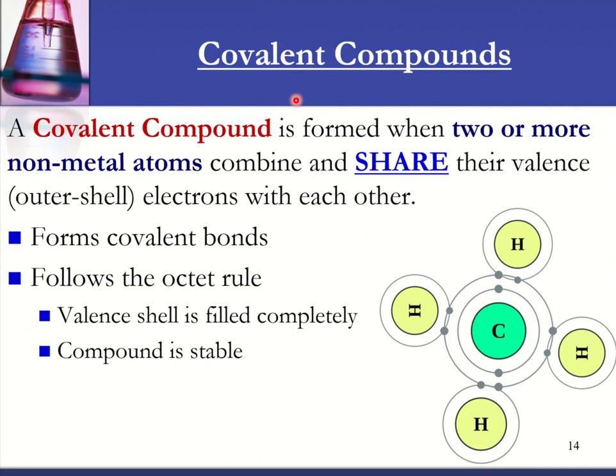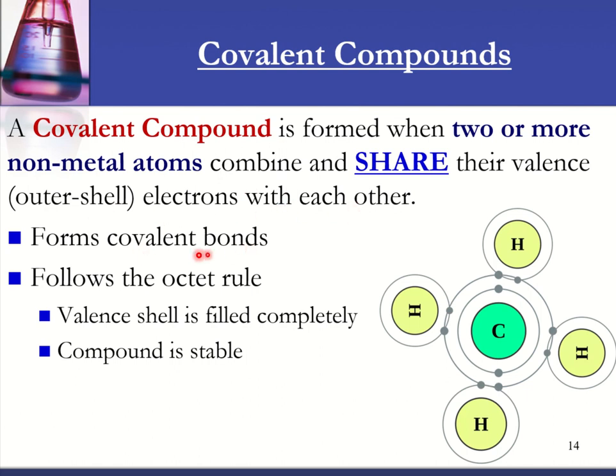Okay, so just remember what we define as a covalent compound is when two or more non-metals combine. If a metal is involved, it cannot be a covalent compound, it'll be ionic. So only when you have two or more non-metals combining through sharing their valence electrons with each other.